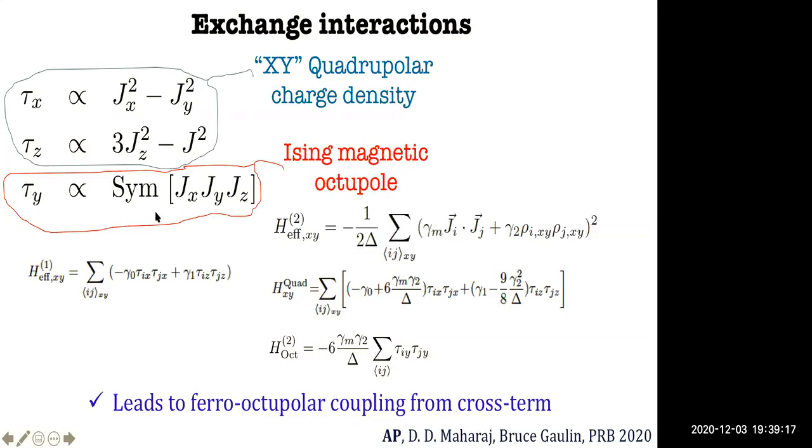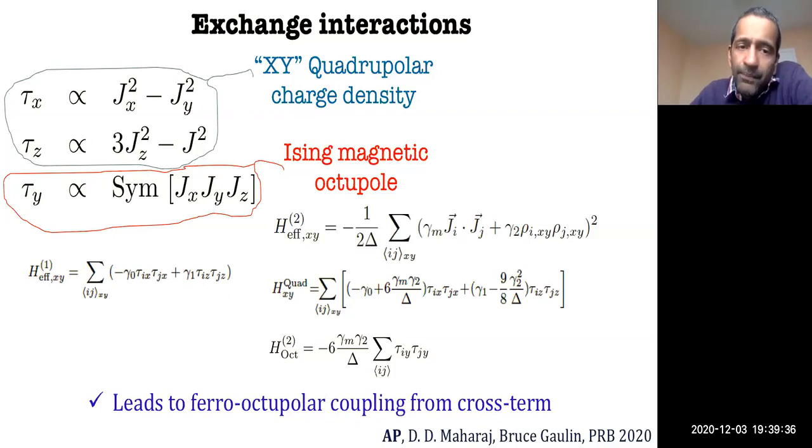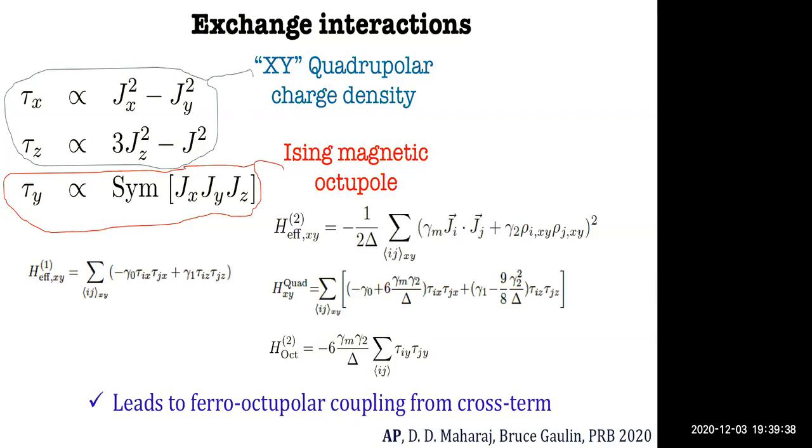Arun, can this octupole still couple with the Zeeman field linearly, obeying all the lattice symmetries, or does it necessarily couple in a cubic fashion? Not linear, yeah, it's cubic. Okay, so is that seen in susceptibility experiments, the cubic dependence?